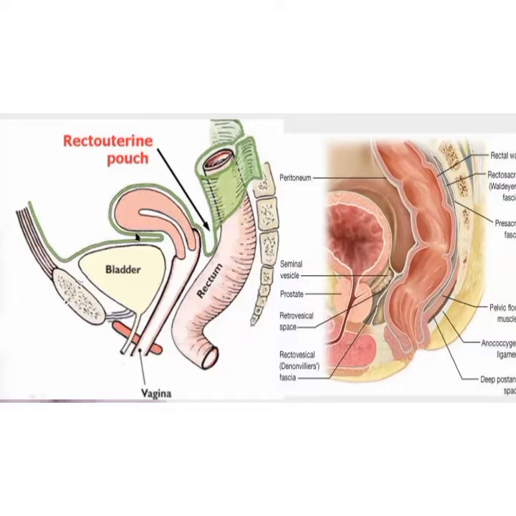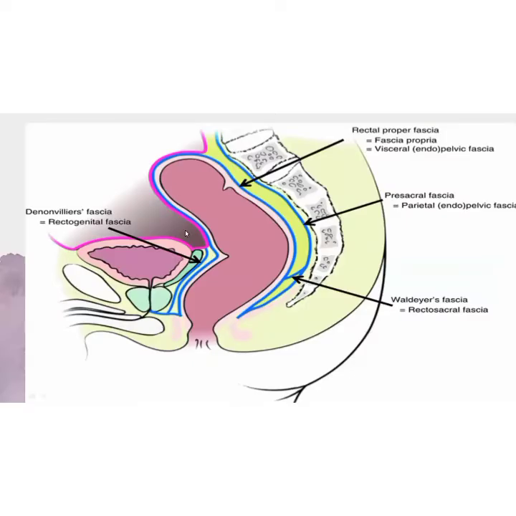And this pouch is called the uterovesical pouch, and it also contains the coils of intestines. And see, this is the rectovesical pouch.